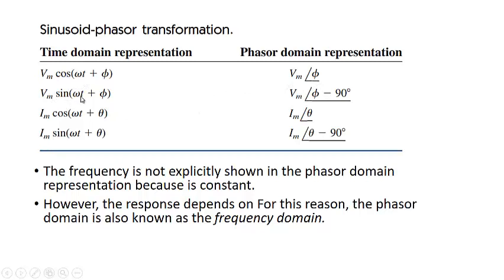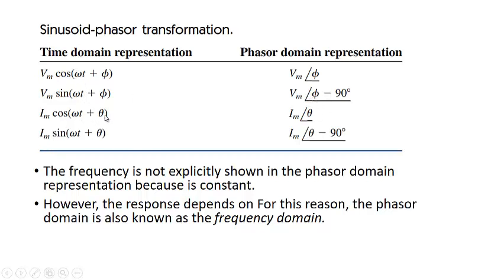Vm sine of omega t plus phi will be equal to Vm angle of phi minus 90, because when we use cos as the reference, this will be lagging the cos by 90 degrees. You have seen it in the graphical approach. We have to change this sine to cos simply by subtracting 90 degrees, and we get the cos. So it will be equal to Vm angle of phi minus 90.